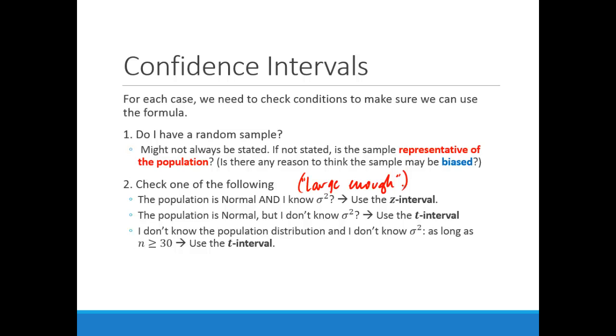In the most general setting, if I don't know the population distribution, so I'm not told anything about it being normal, and you also don't know what sigma squared is, then we can use the t confidence interval as long as your sample size is large enough, bigger than or equal to 30, which is the magic number we're using for this class.